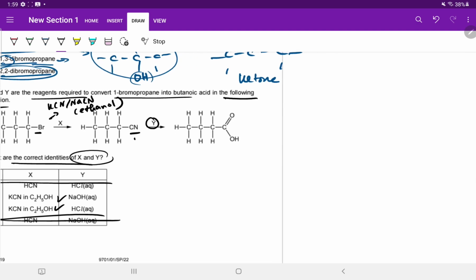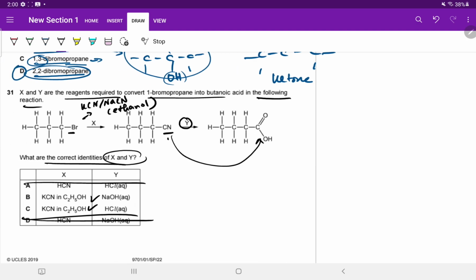Now this Y needs to be hydrolysis. CN is hydrolyzed to form carboxylic acid, so it can be acid hydrolysis or alkali hydrolysis. Now this has to be acid hydrolysis because we can see that the carboxylic acid remains. If this was alkali hydrolysis, if we gave NaOH, then this acid would further react with NaOH to form the salt of the carboxylic acid.